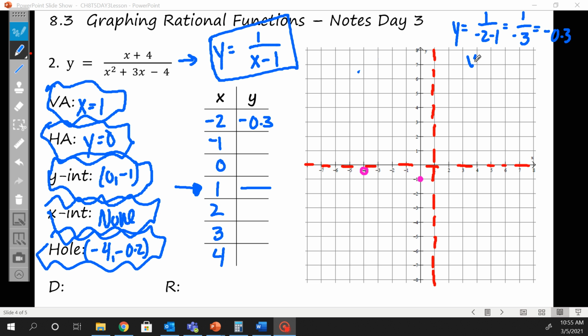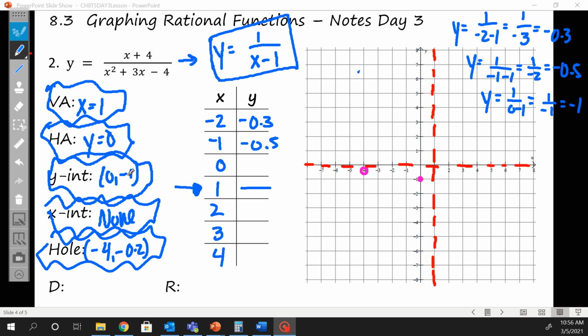I'll plug in -1, so 1 over -1 minus 1 is 1 over -2, is -0.5. Plug in 0, y equals 1 over 0 minus 1, 1 over -1, which is -1.